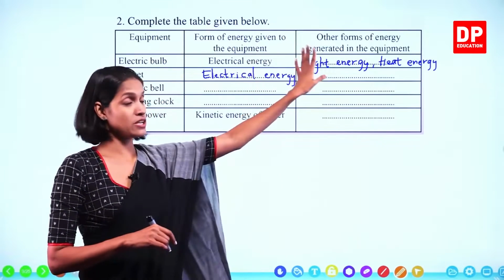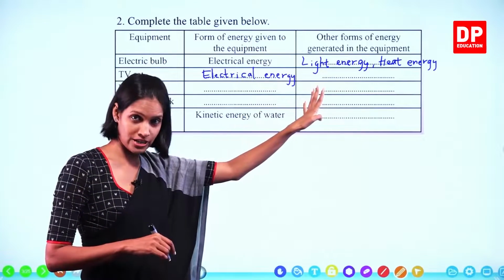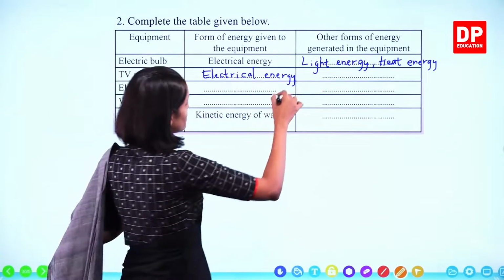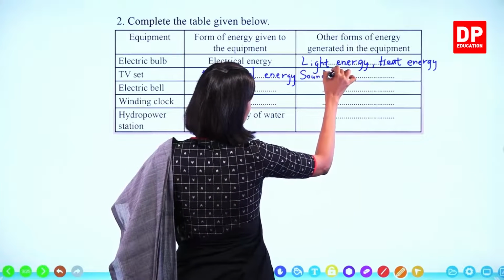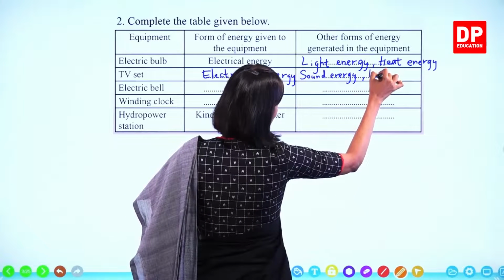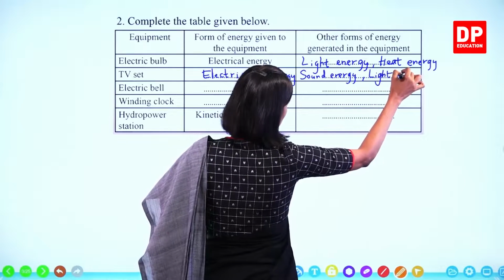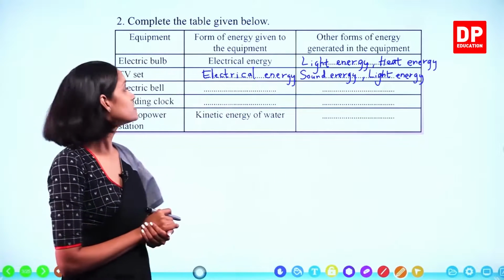That's because of production of heat energy. But basically, light and sound energy is produced, okay? Right. Sound energy, light energy.